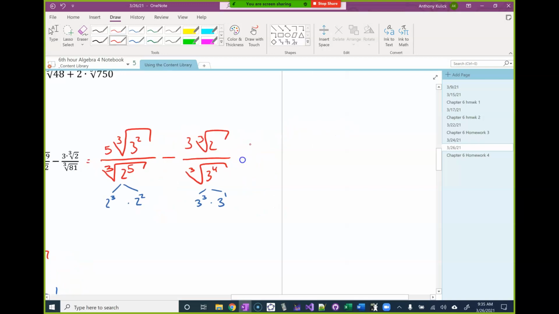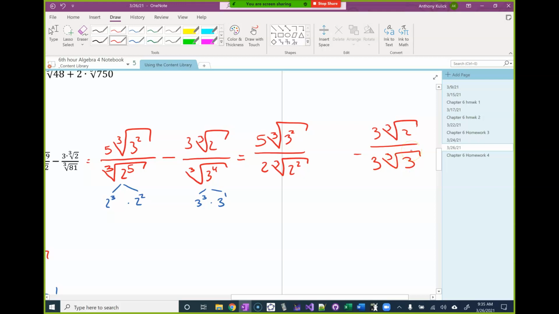So when I reduce my radical, in the denominator, I'm going to have a 2 out front, and then a cube root 2 squared. And in the other one, in the denominator, I'm going to have a 3, and then a cube root 3 to the 1st. So far, so good.